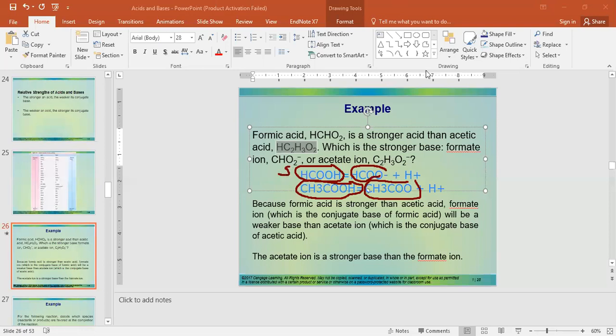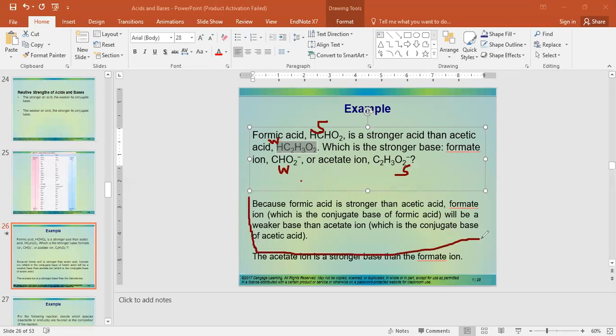So if this is strong, then this one will be weak. If this is weak, then this one will be strong. And that is what is explained in this statement here.